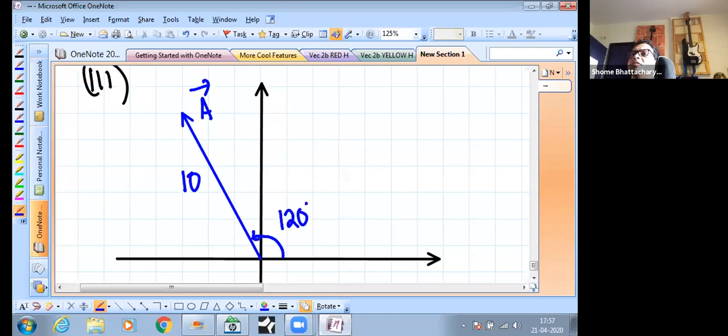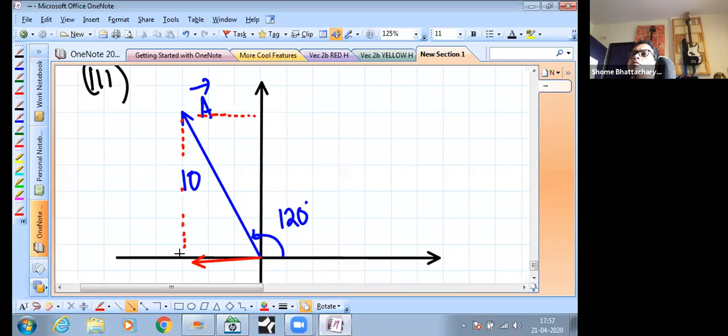Okay. So now you can see that the moment you drop the perpendicular on the x-axis, the component that you will get, or the projection, is falling on which side? Is falling on the negative side, and the projection on the y side will fall on the positive side. This is my x component.